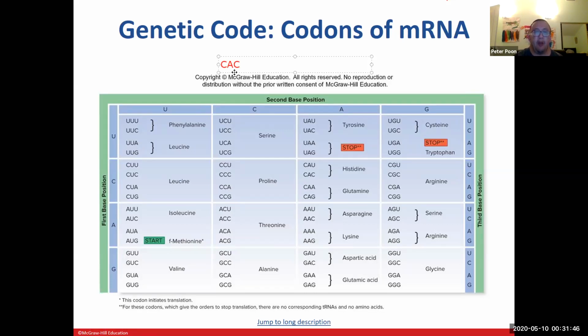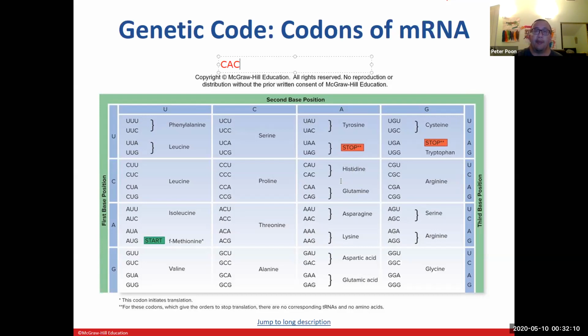So we'll look for the first C. The first C is here. The second letter is A, so I know I'm somewhere here. And then C. CAC codes for histidine.